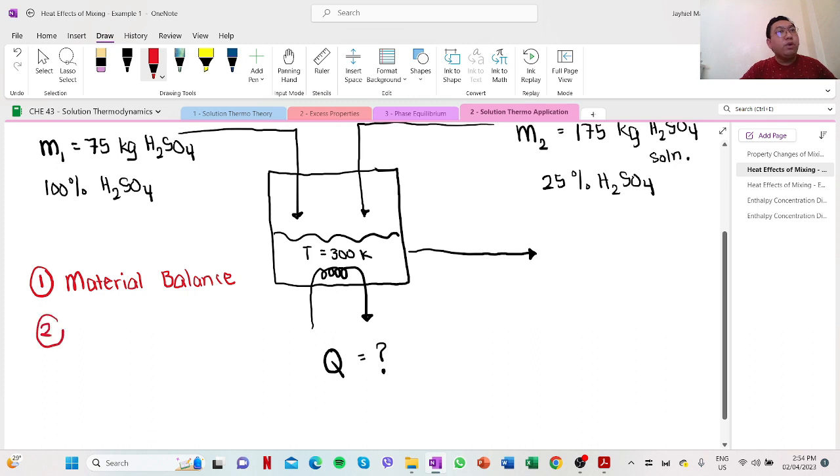Second is to perform an energy balance. Of course, this is a mixing process.